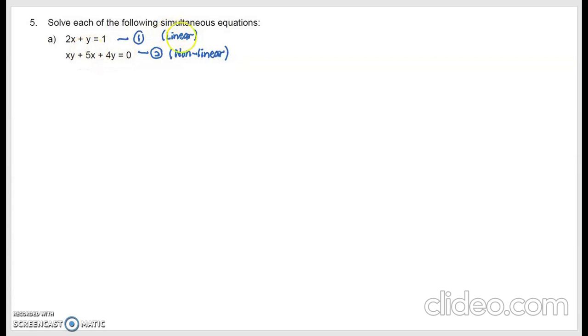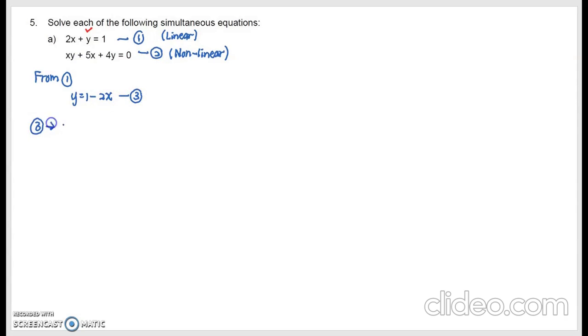So we will choose the linear equation, equation 1. Since the coefficient of y is 1, I will let y be our subject. So y is equals to 1 minus 2x. Here is equation 3.